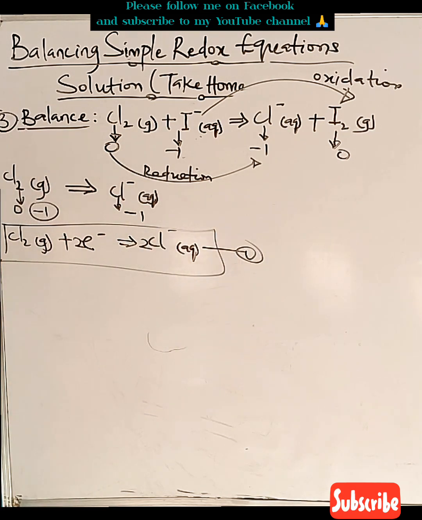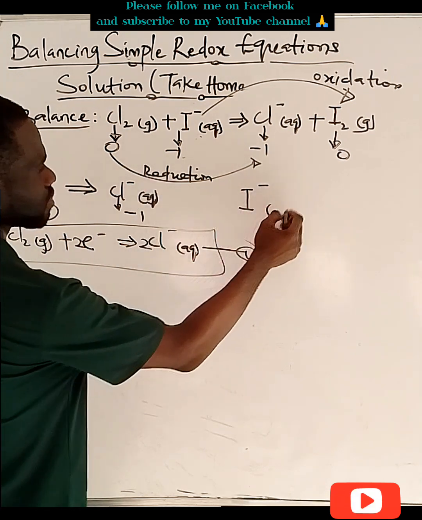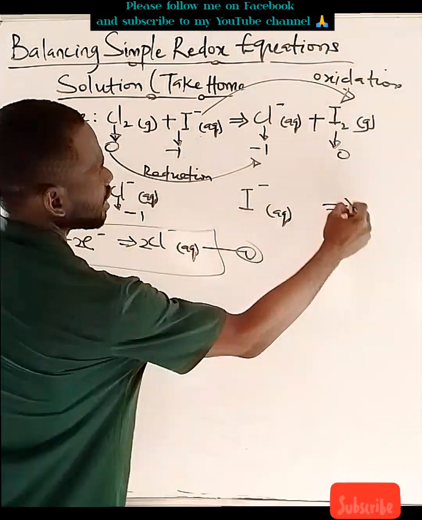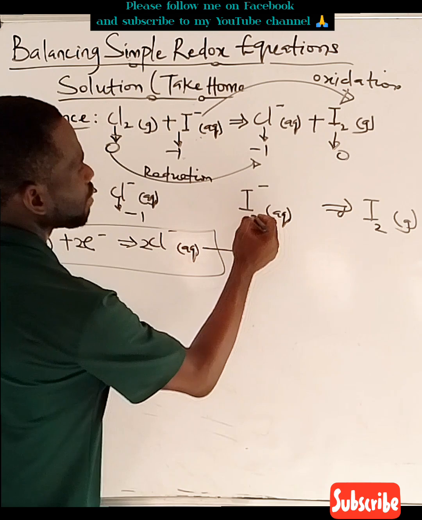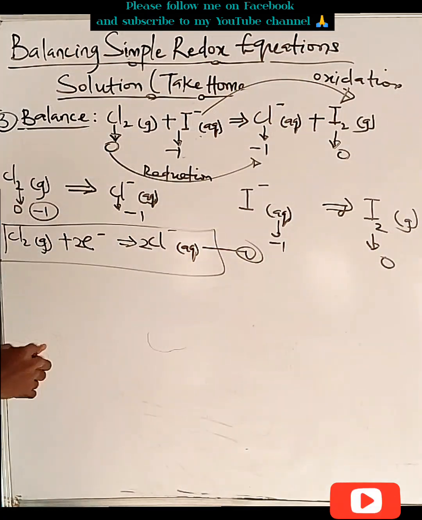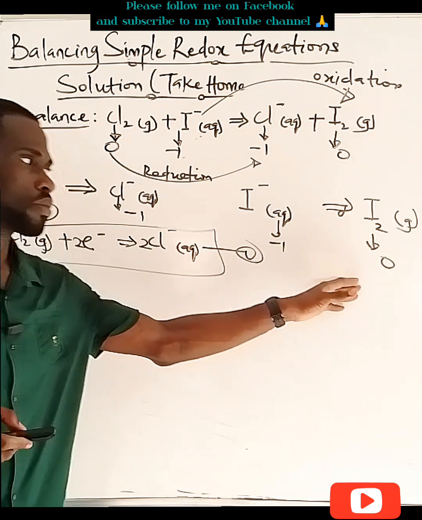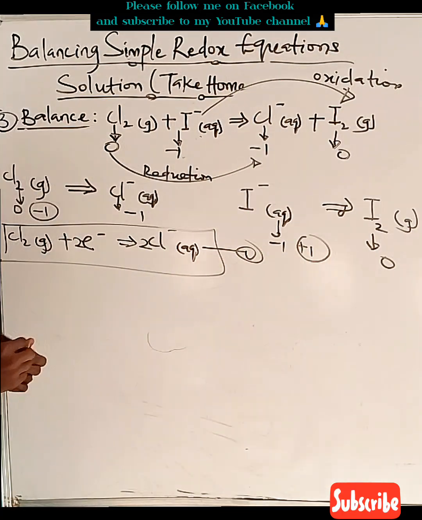The next thing we're going to work on now will be the oxidation. It's an oxidation on this iodine end. We have I minus aqueous, which gives us iodine gas, I2. That's from -1 to 0. So how did we move from -1 to 0? It means plus 1 was attached. -1 plus 1 gives us 0.